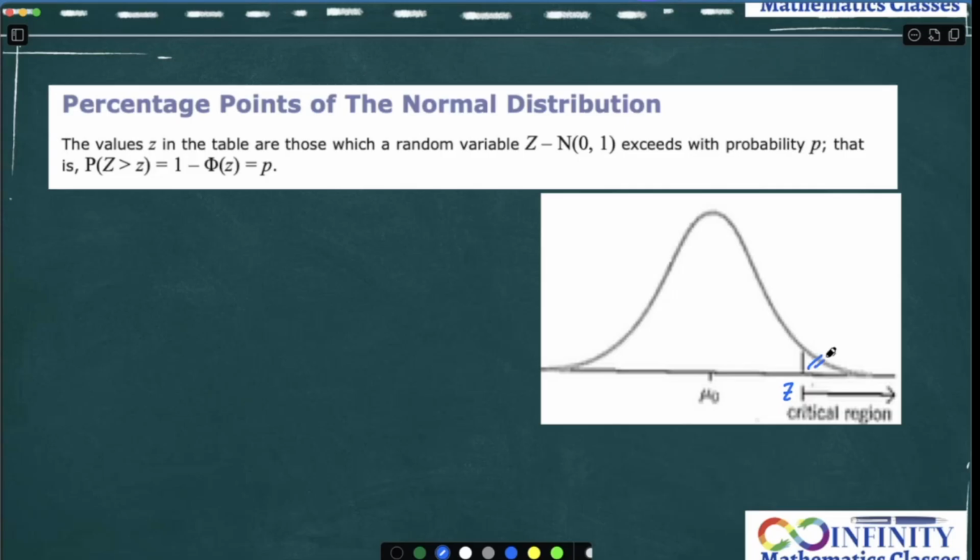The probability of this region is denoted by the probability that capital Z is bigger than small z. This is going to be 1 minus phi z, where phi z is the cumulative distribution function, the CDF, of the standard normal distribution. This value is denoted by P.